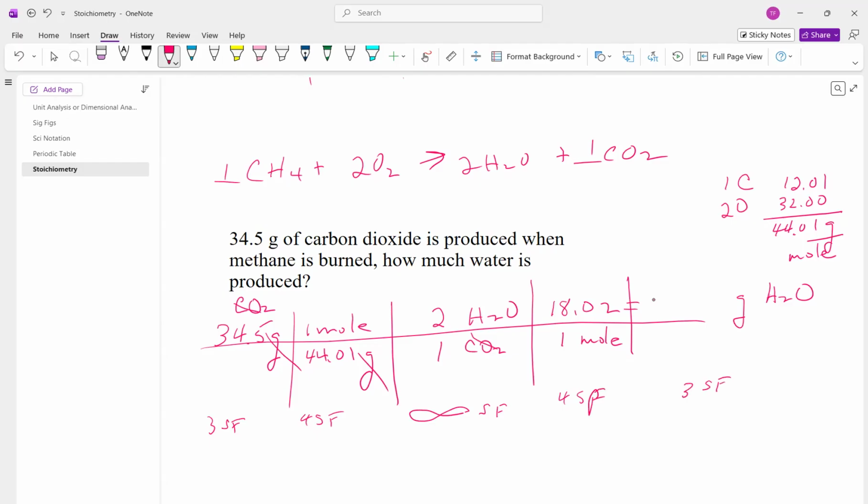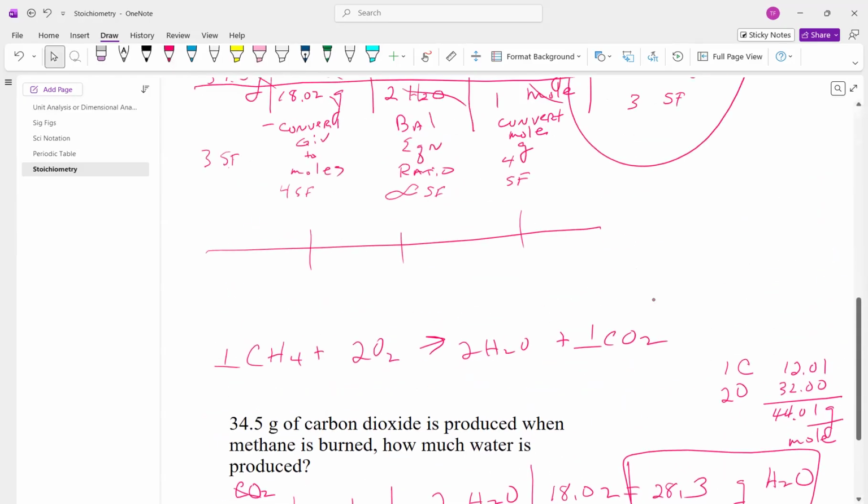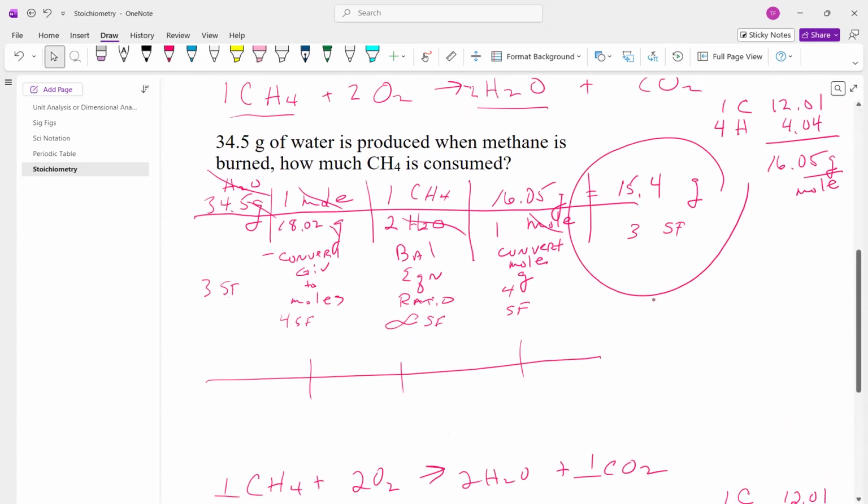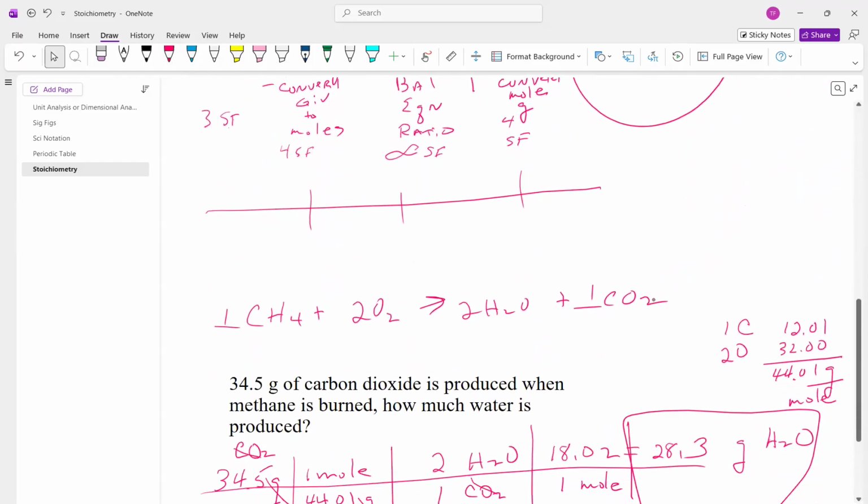So it's going to be... notice that's a very distinct pattern. Very distinct. It looks exactly like this one, different numbers, but it's basically the same.